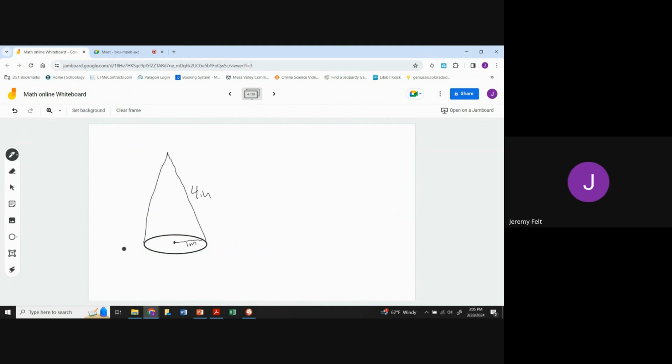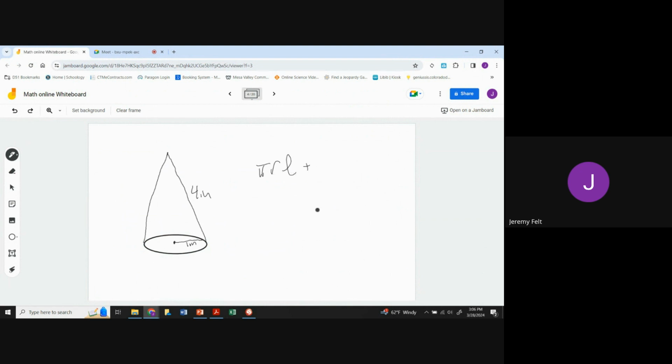So we get pi times r, and our reference sheet uses the cursive L for the slant height, plus pi r squared, because that's the area of the circle, if we're doing total surface area. If we're just doing lateral surface area, then we don't need to worry about the circular base down here. So pi r times the slant height.